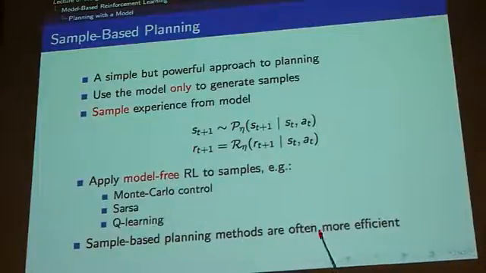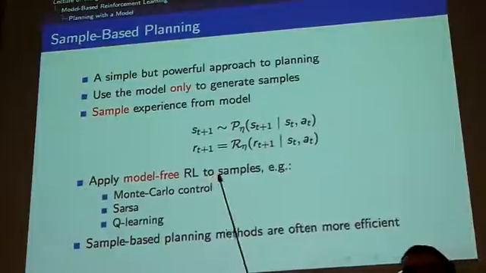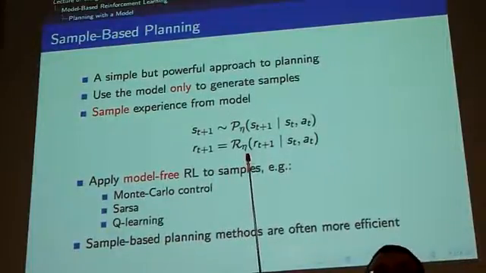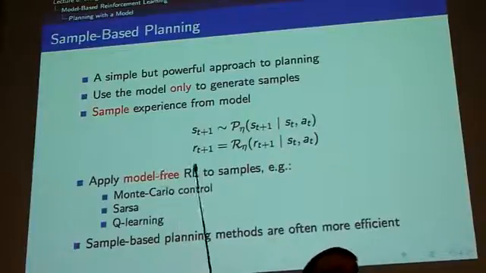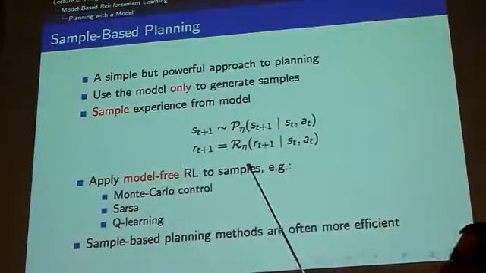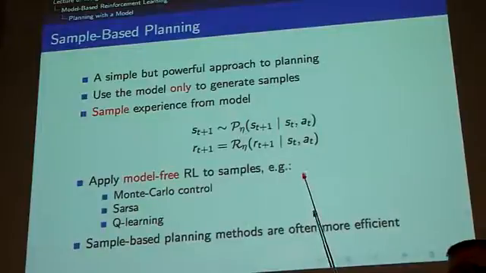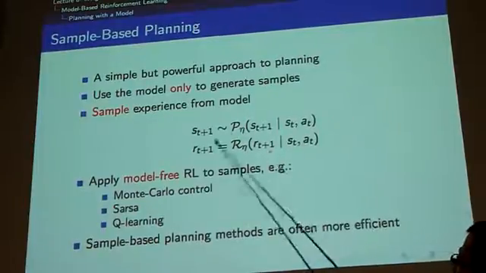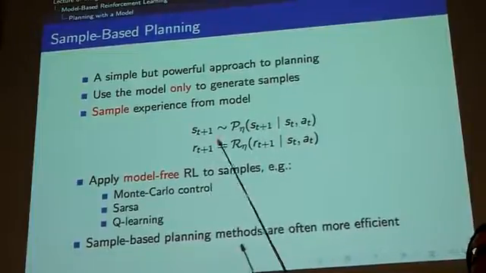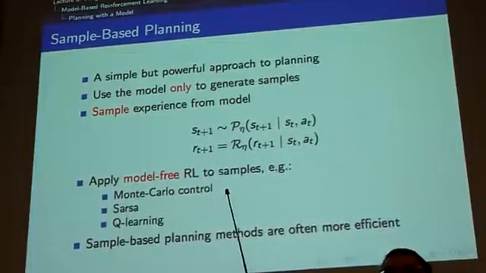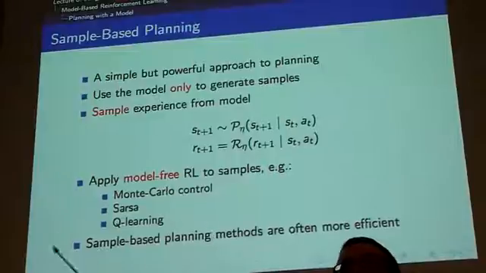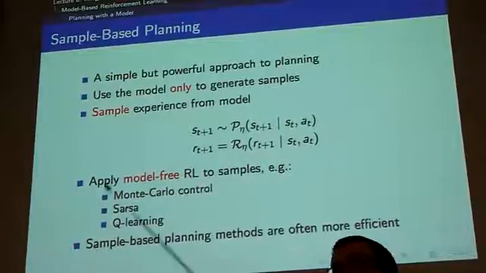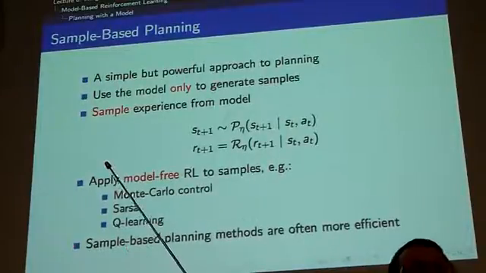Whereas sample-based methods just take one sample, and that sample with high probability will be something relevant to the agent because it's sampled from the true dynamics of the world. And so rather than spending a million computational operations doing this one full-width backup, we could just generate a million samples from the probability distribution. Those million samples would be much more representative of where the probability mass is actually sitting in this particular problem.